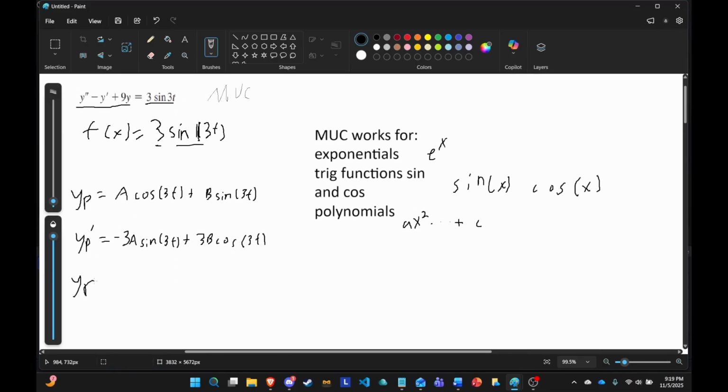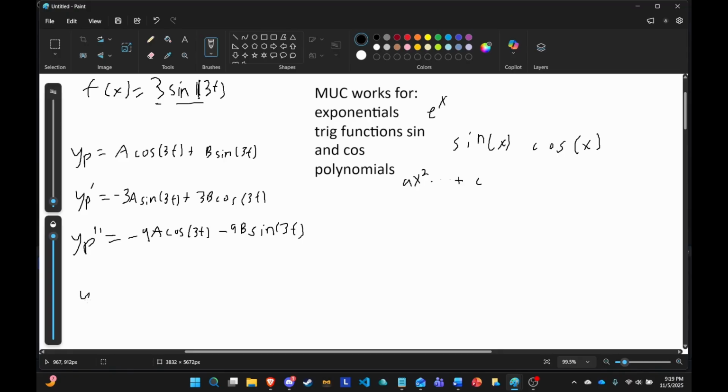It's going to be y sub p double prime equals negative 9a cosine 3t, and then minus, because the derivative of cosine is negative sine, minus 9b sine 3t. Awesome. So now all we need to do is combine these two in accordance with our beginning equation.